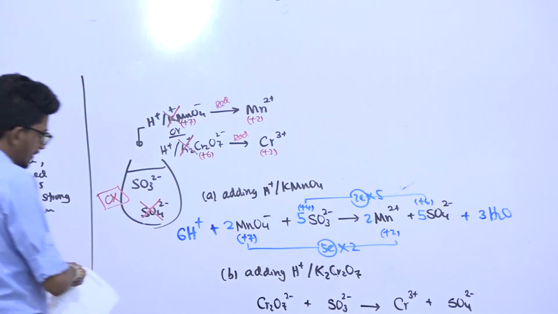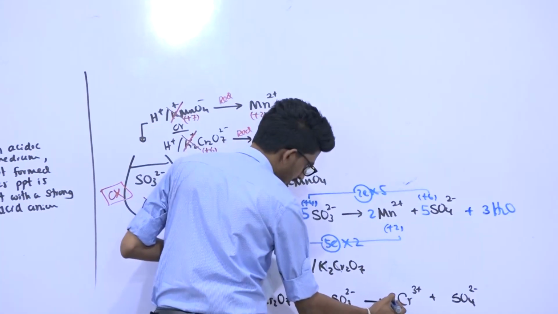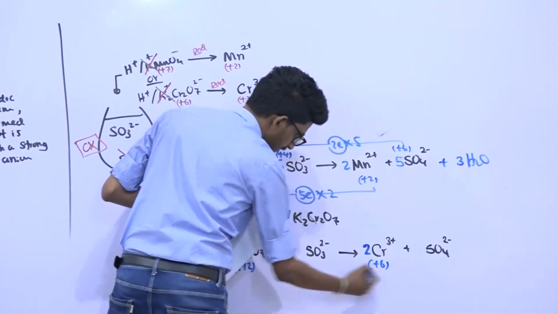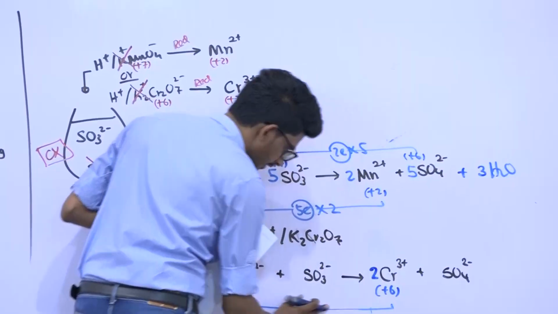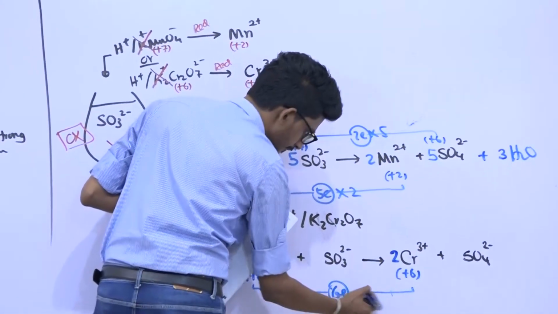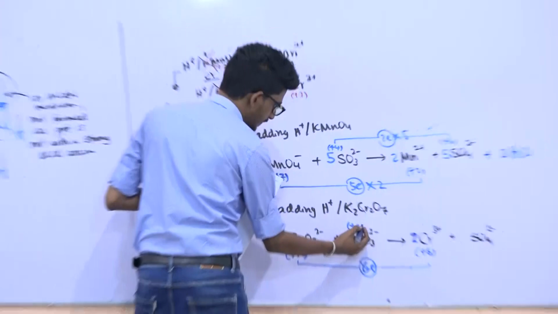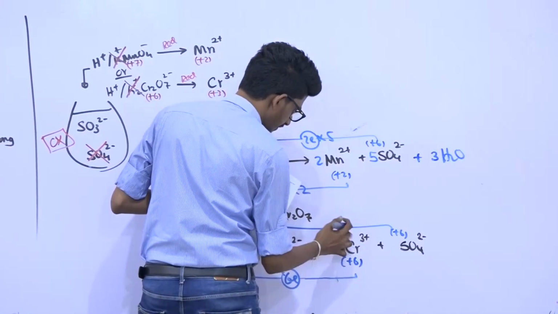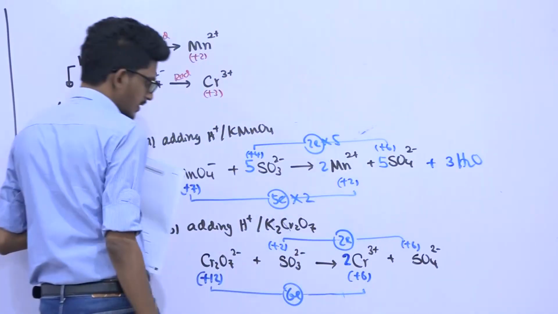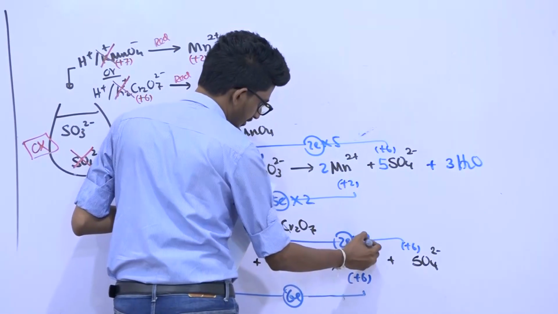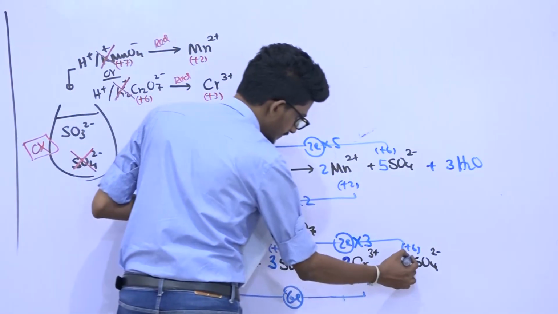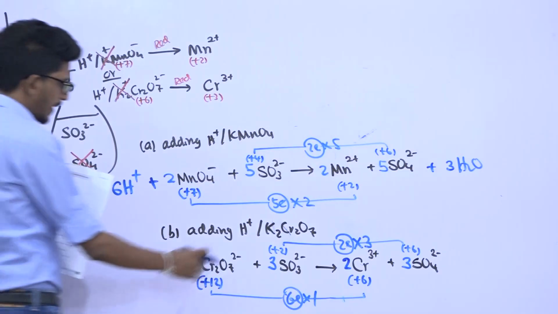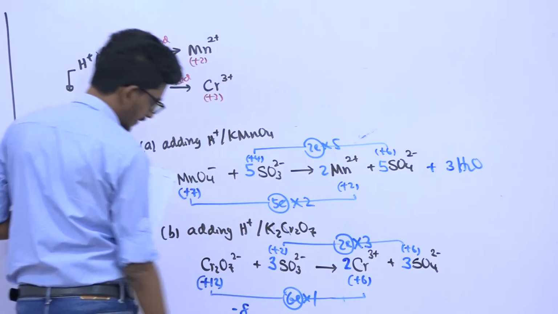Now balancing. First of all, redox atom balancing: 2 chromiums are needed. So plus 12 here, plus 6 here, a 6 electron difference. Plus 2 here, plus 6 here, a 2 electron difference. So the least common multiple is 6, that means you need to multiply this by 3 and this by just 1, right? Charge balancing now: minus 2 minus 8 is there.